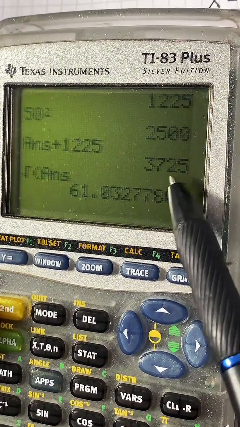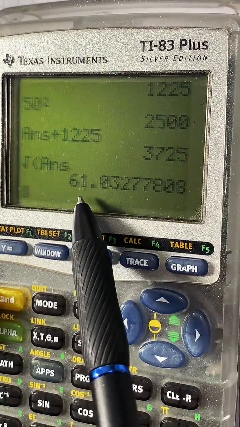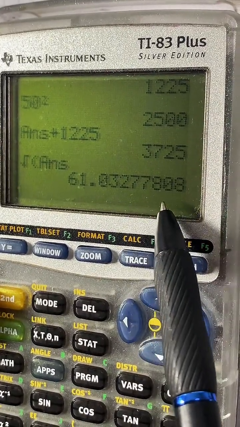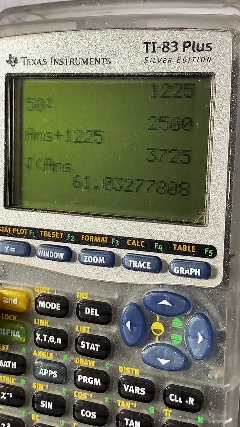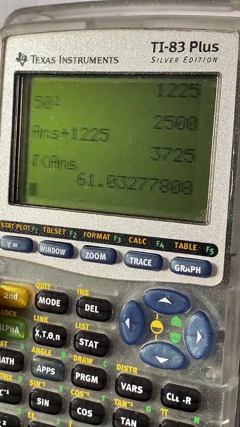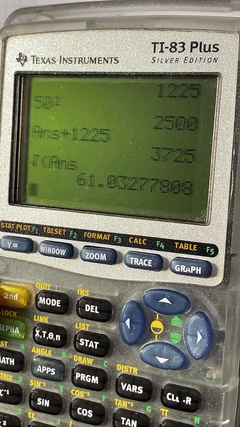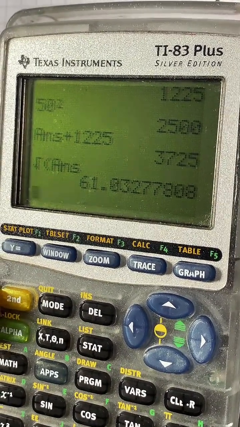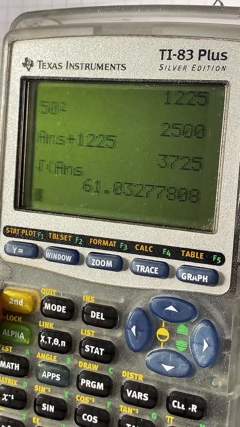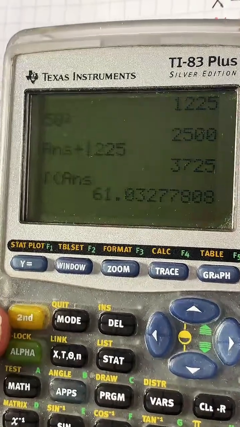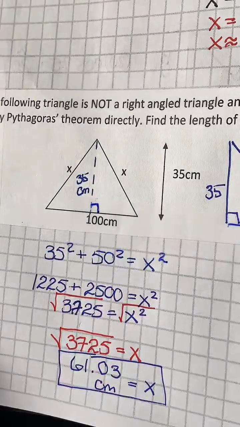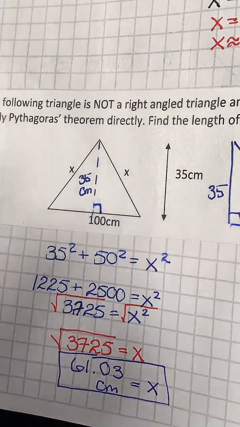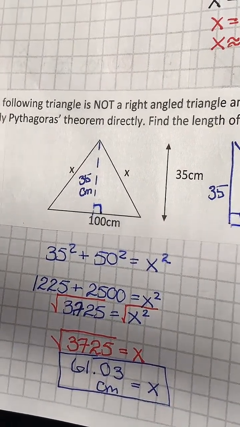But then if we take the square root of it, you're going to get your 61.03. Do you divide, subtract, or add? Neither. Okay. Not a problem. Yeah, so we always take the square root when we're dealing with squares. All right. So that was Pythagorean Theorem.